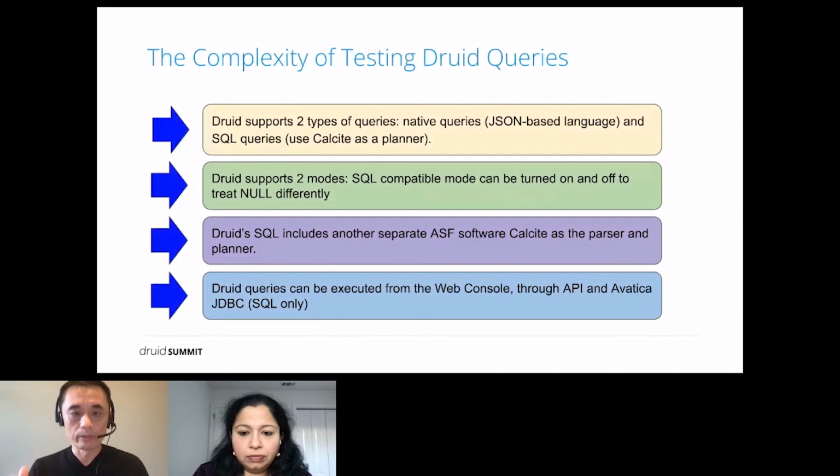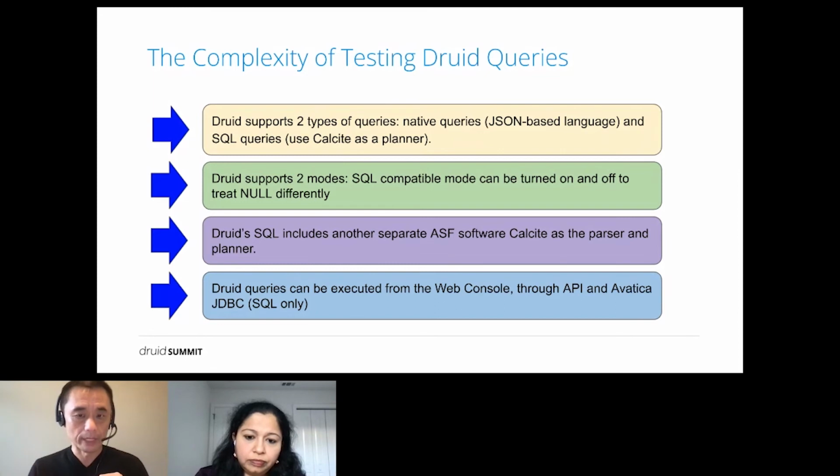Also, as I mentioned before, Druid supports two modes: SQL compatible mode that can be turned on or off, which will treat null differently. That's good for the user, but for the tester, it just adds another complexity. Druid SQL also includes another piece of free software called Calcite.